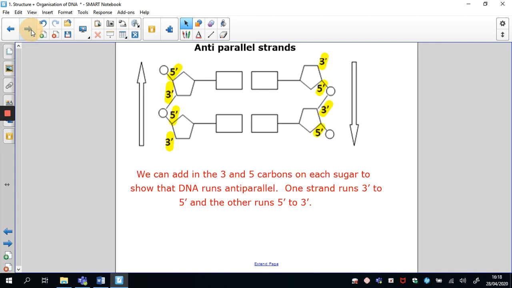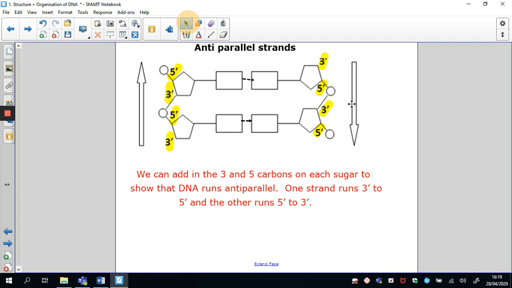If we then look at a molecule of DNA, remember we've got our dotted lines, which represent the hydrogen bonds joining those two together. Then we know that that's 5, and that's a 3, that's a 5, that's a 3.